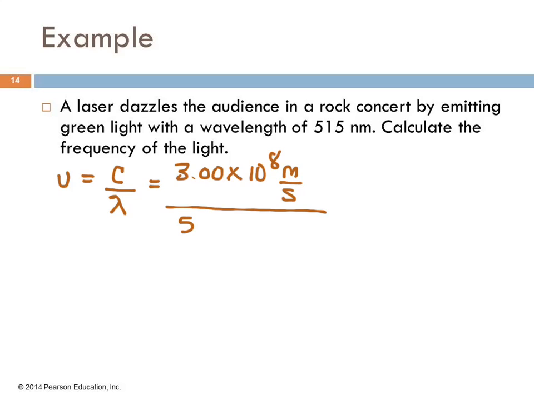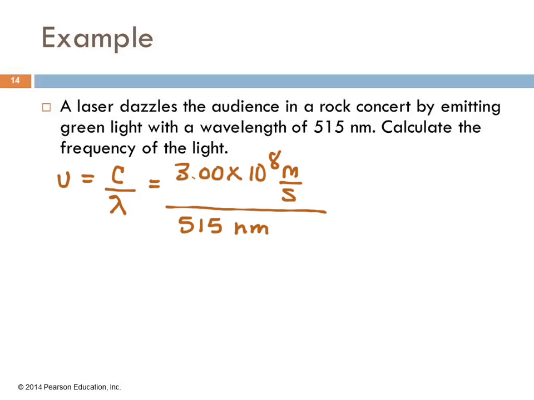Well, the wavelength is 515 nanometers. Well, nanometers and meters aren't going to cancel, are they? We can convert nanometers to meters separately, or we could throw a conversion factor into our equation. Which one would you like to do?